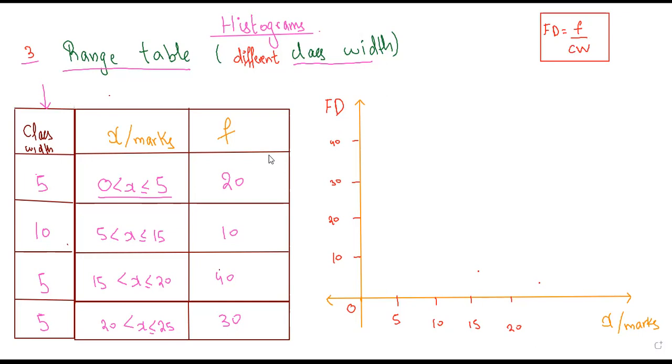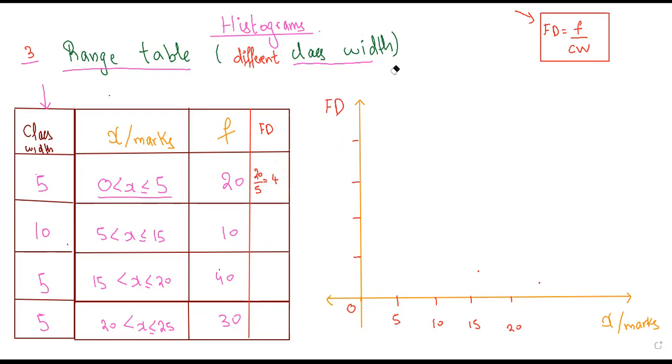So you have frequency, you have class width. All you need to do is just add another column and I'll write down the frequency densities. Okay. So what would be the frequency density for the first one? It would be 20 divided by 5. Okay. It's frequency divided by the class width. I've written that over here and it would be 4. What would be the frequency density for the next one? 1.